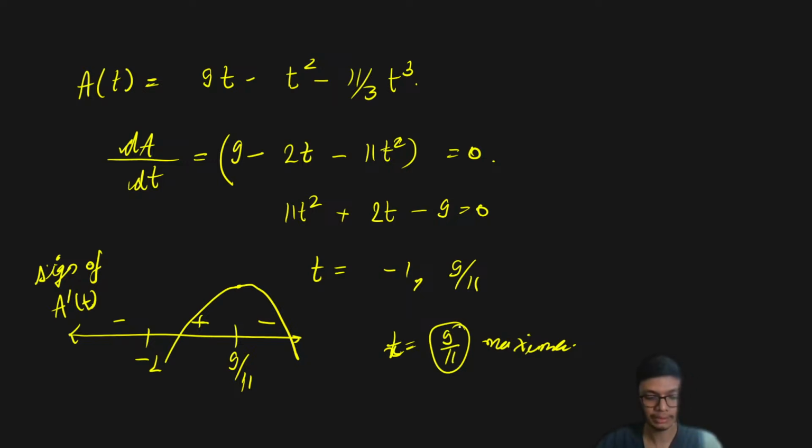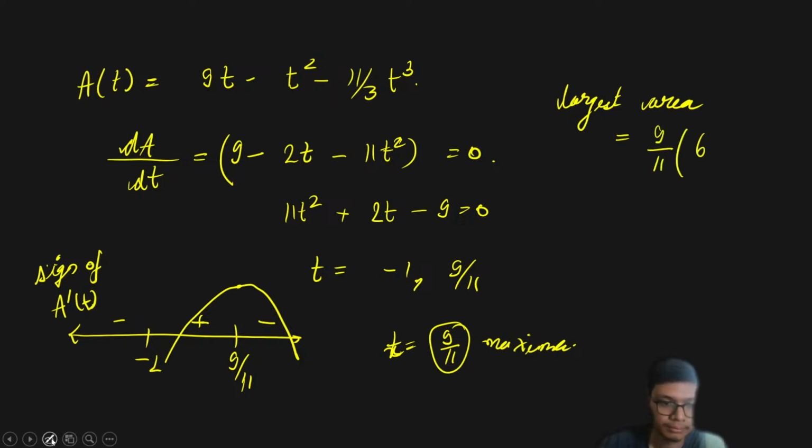Okay. So from here, the largest area is going to be equal to 9 by 11 multiplied with 9 minus 11 by 3. Let us put it over here. So 9 by 11, I'm taking it as common.